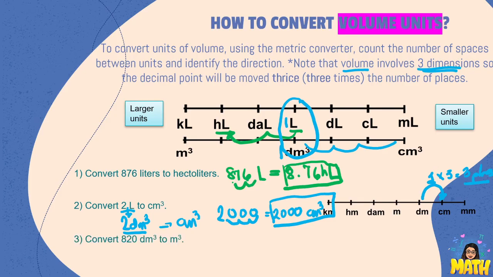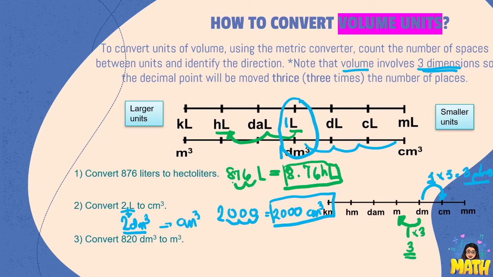And then, let's convert 820 decimeters cube to meters cube. Again, we can still use this if we are used to it, because it is decimeters to meters. So this is 1 unit away from that. But since we're talking about cubic measures or volume, we multiply it by 3. So we will be moving 3 spaces.